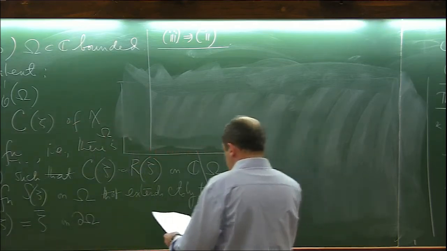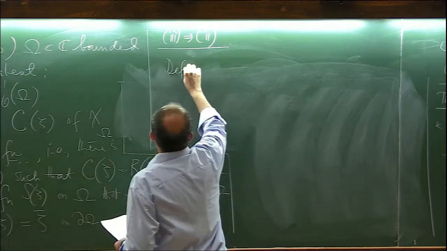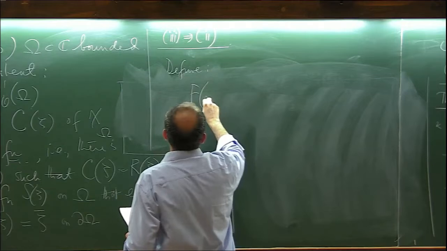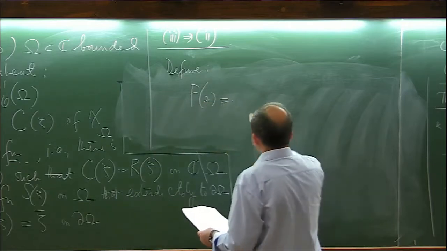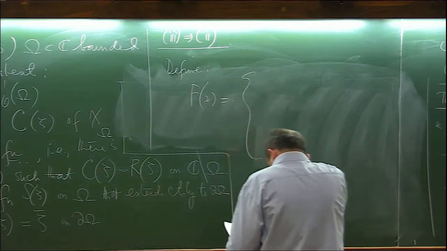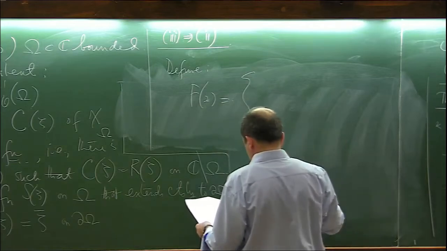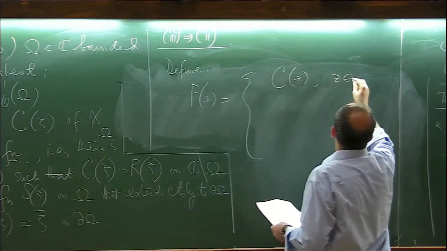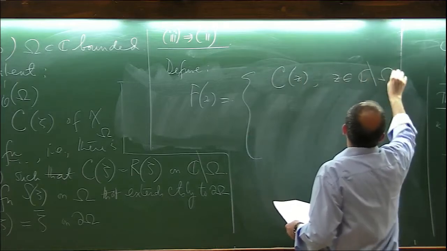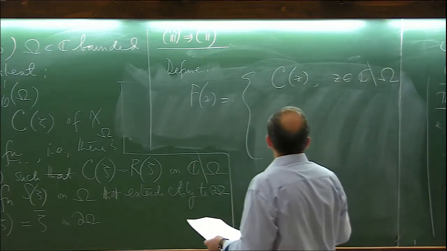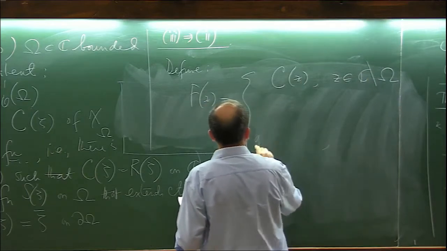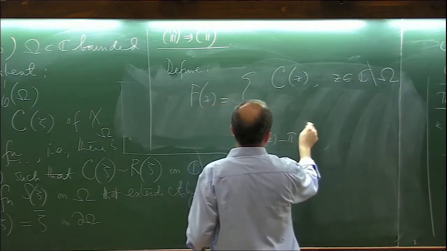So let's create a new function. So define F of z to be the Cauchy transform on the complement of the domain, and inside we define it to be g of z minus pi times S of z.